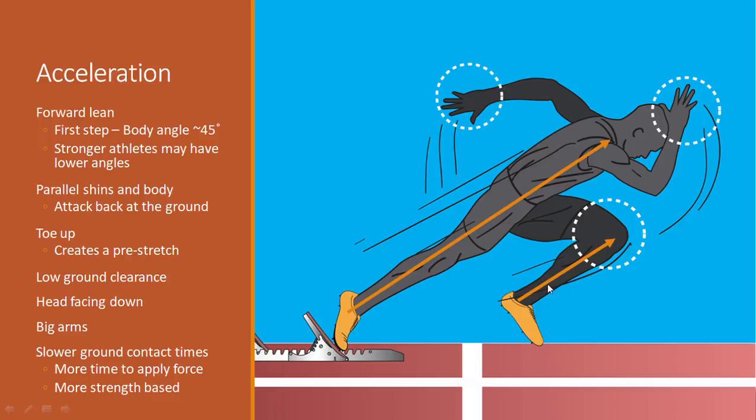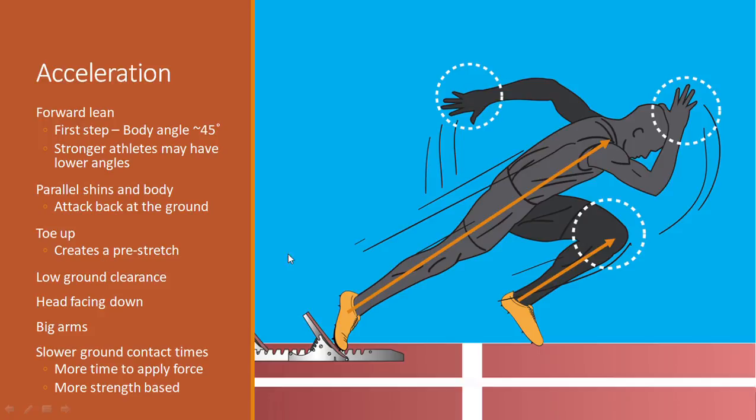From here, with his knee up high, he can strike directly back into the ground and continue to propel himself forward. If he strikes down, or forward, not only is he going to produce more braking force, but his next step's going to push him up instead of forward.